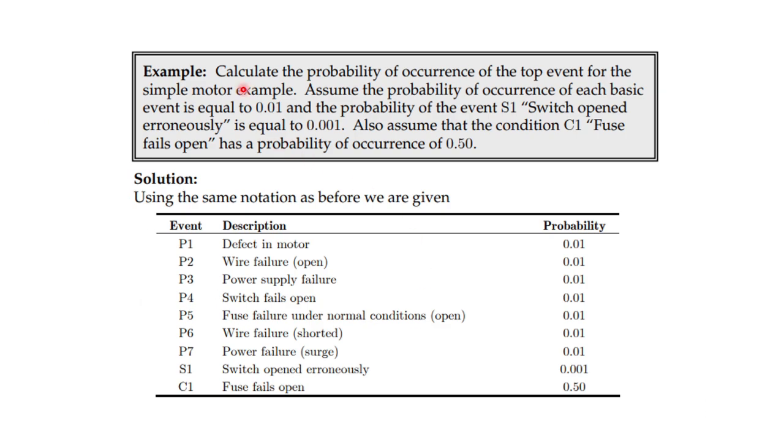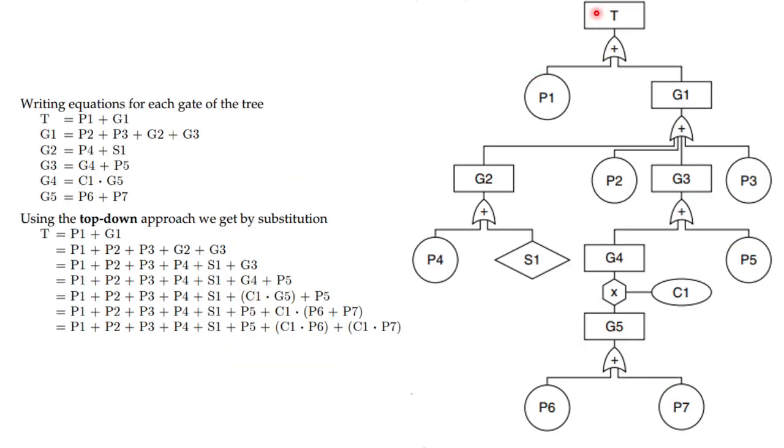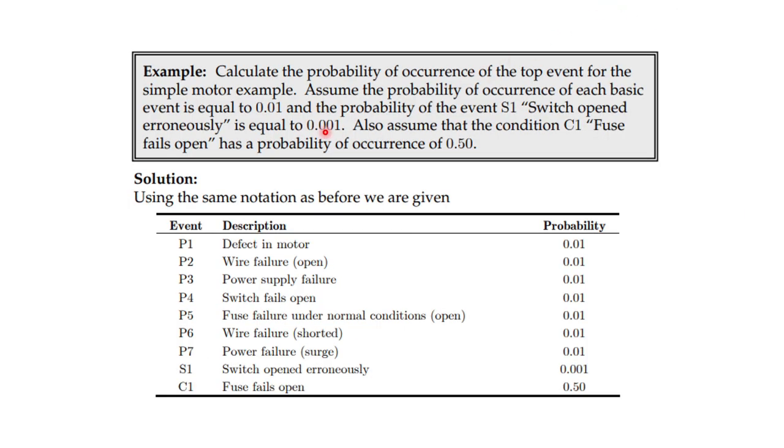Next problem is to calculate the probability of the occurrence of the top event. We're going to calculate the probability of the top event happening. Okay, so assume that the probability of occurrence of each basic event is equal to 0.01.